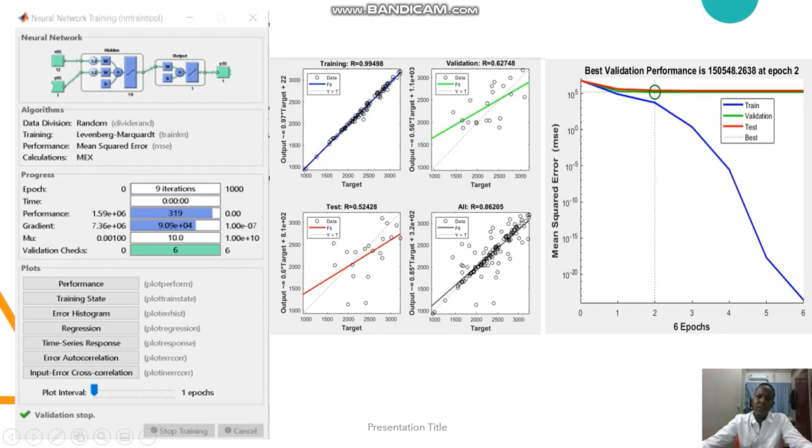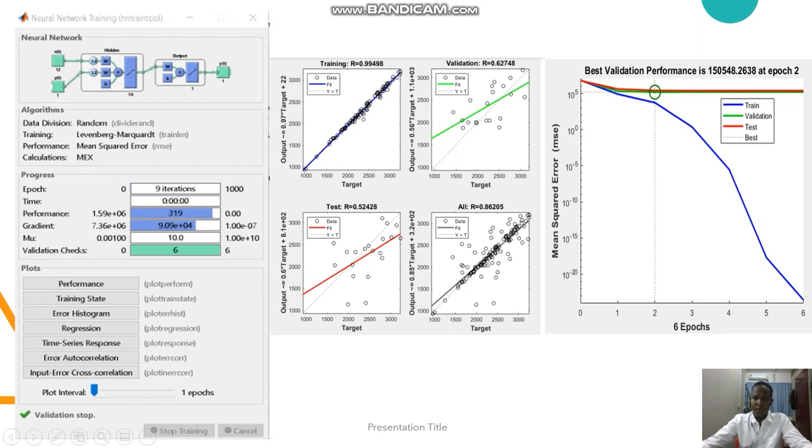Here the training is equal to 0.94994, the validation equal to 0.627, our test equal to 0.52, and all equal to 0.86.